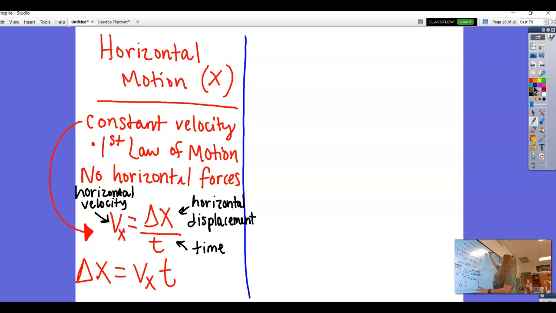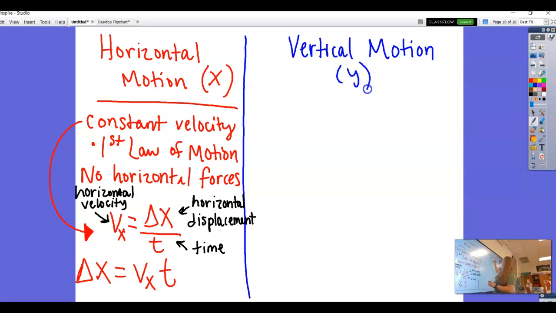Now let's look at the vertical motion. It's going to be a little different. The vertical motion we treat as y, just like on an x and y axis. Now we're talking about how the projectile changes as it moves up and down. So in this case, it didn't move with a constant velocity.